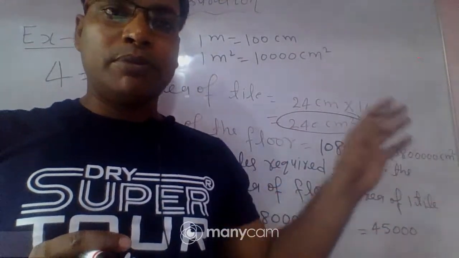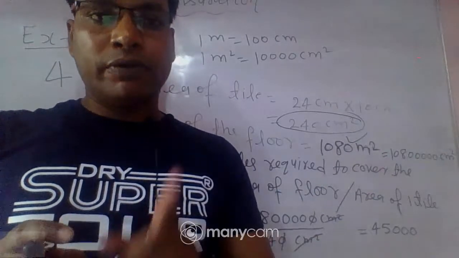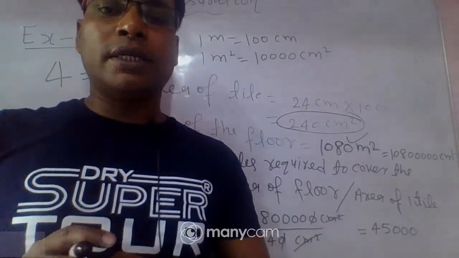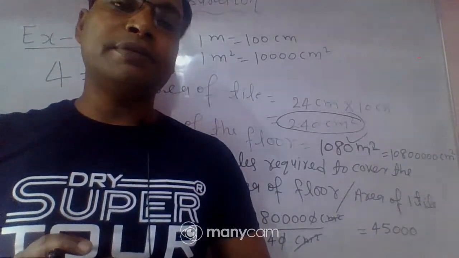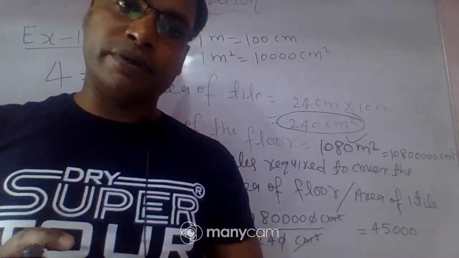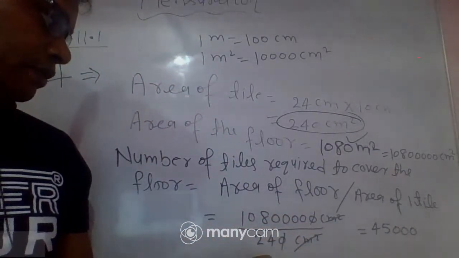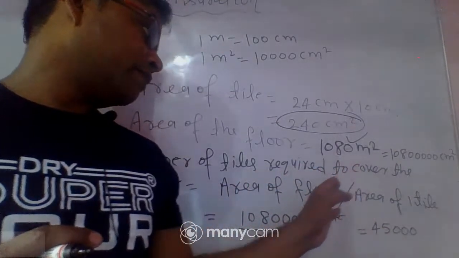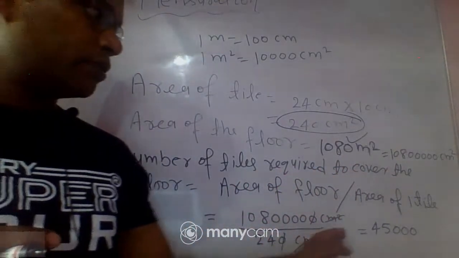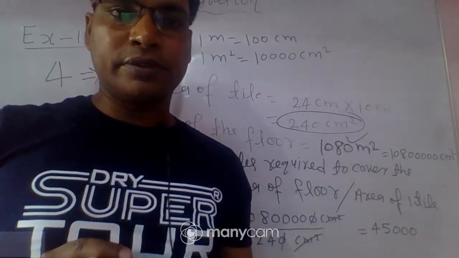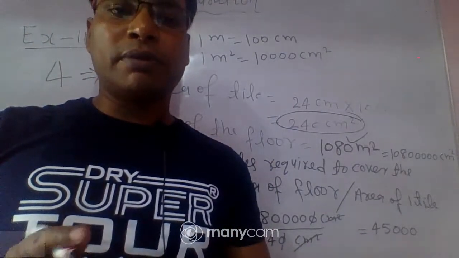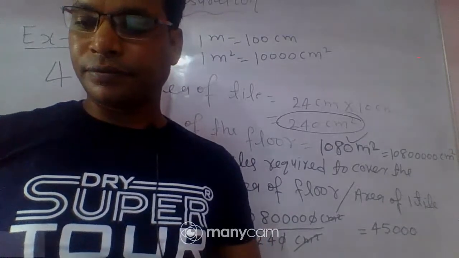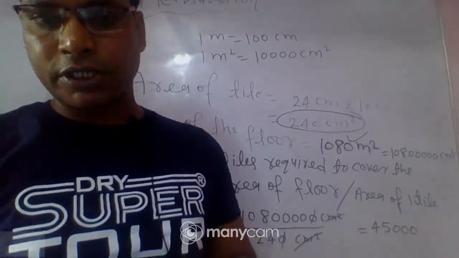So 1 meter square is equal to 10,000 centimeter square. If you divide the area of the room by one tile, you find the number of tiles required to cover the floor of the room. So in this way we find the number of tiles required to cover the floor of the room is 4500.